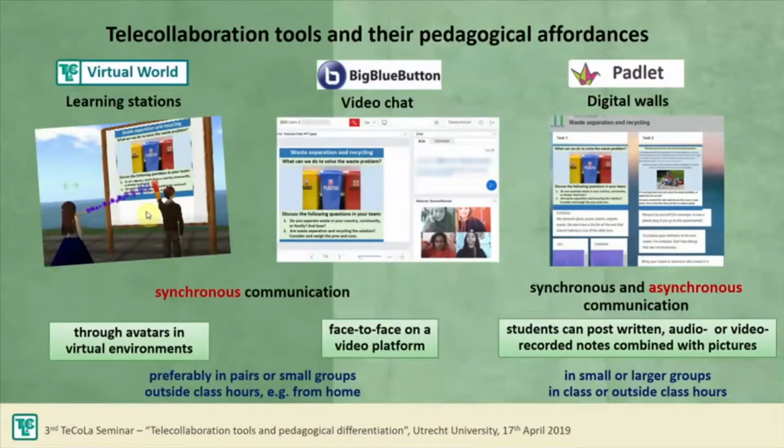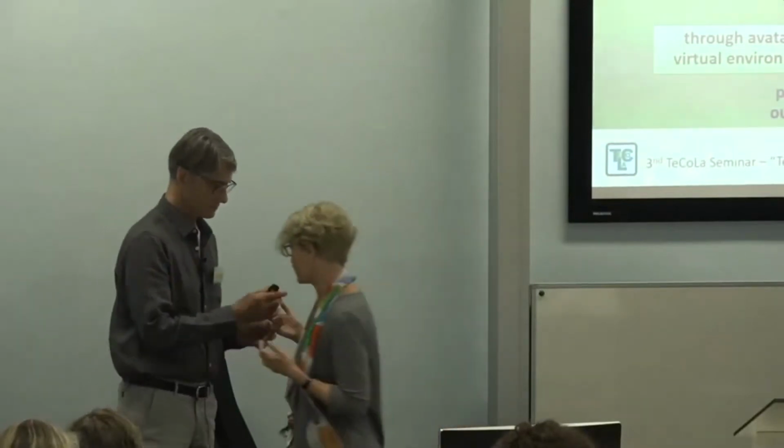So this can be done in small groups or larger groups. It can be done in the classroom or from home. So Padlet is a bit more flexible here than the other two tools. So the question then is, what does that mean for differentiation?